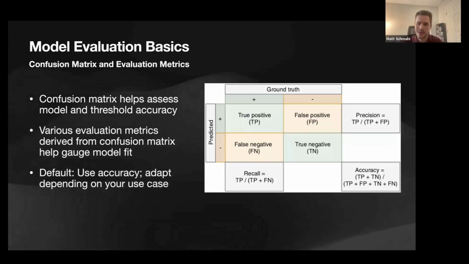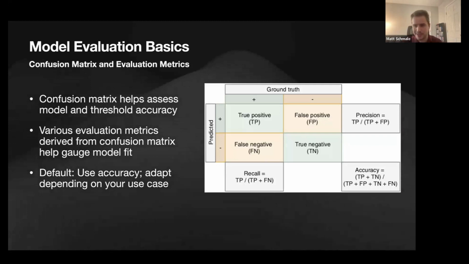And from that, you derive statistics that tell you basically how good your model is. One of the most used ones is accuracy, which, if we go back to our dog example, is what we get if we classify our dogs correctly and not dogs correctly. And that would be the green columns, the true positives and the true negatives, over everything.